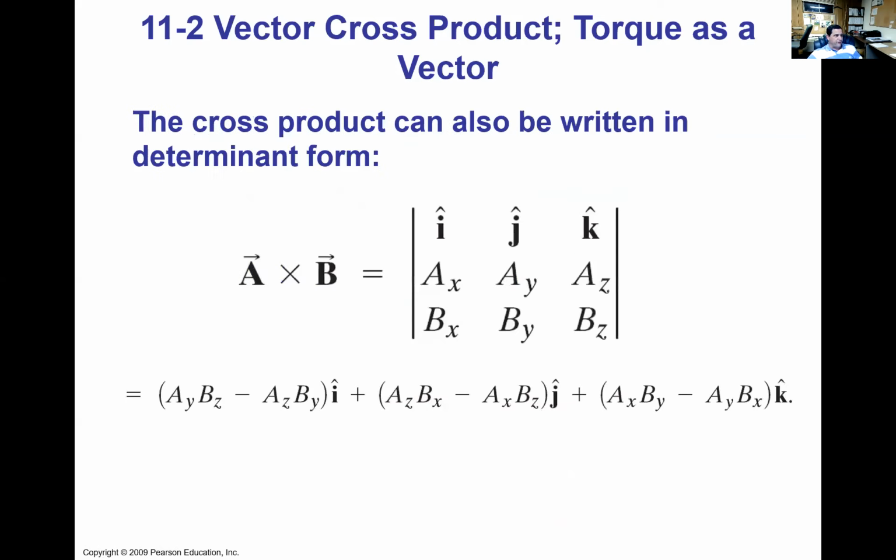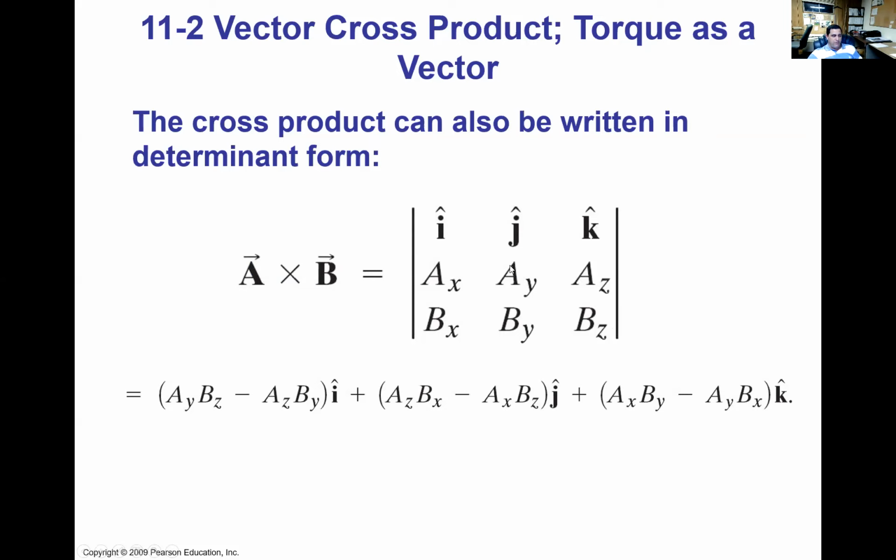The equation for the cross product can be written in determinant form. So if you have A crossed with B, here's your first vector on the top, your second vector on the bottom, and you write them out in IJK notation.